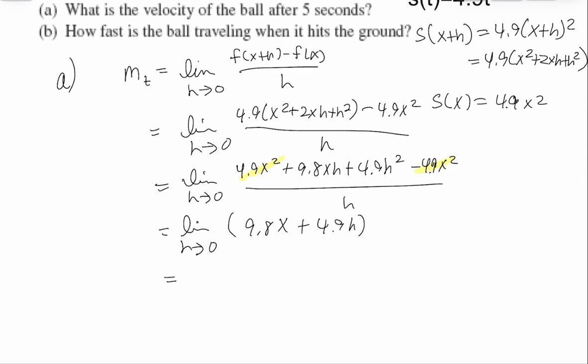So the formula for our slope of the tangent for this particular function is 9.8x. They use t, so now let's bring the t's back into it. So the slope of the tangent at any point, so the instantaneous velocity at that point, would be 9.8t.